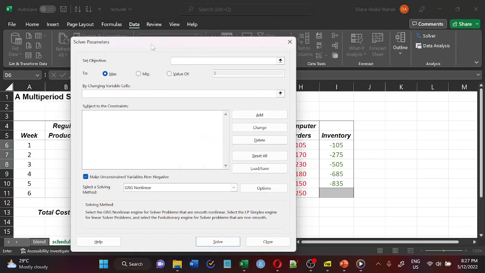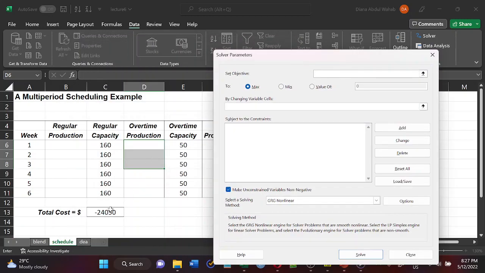So setting the objective is this total cost, which is C13, and we want to minimize by changing the variables in column B, which is the regular production as well as the overtime production. So these are the figures that we want to change.